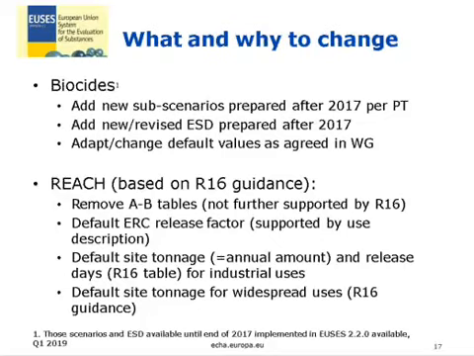For REACH, as said before, we need to remove the AB table, for the reason I said before, which is not further supported by our existing guidance. We need to instead introduce our default release system, which is the ERC release factors, which should be supported by use description, because ERC is use descriptor driven.